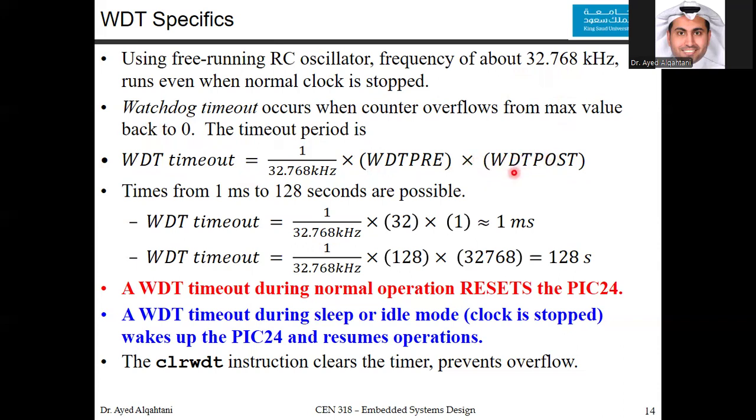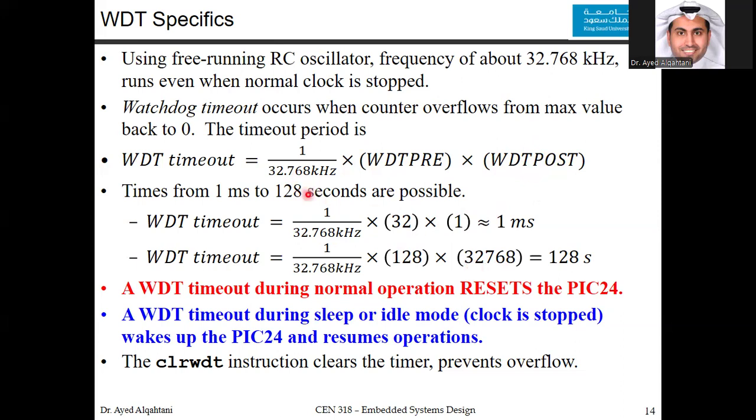Now, if you go and check the configuration bits, you would see that in the watchdog timer pre-scalar, we have only 2 options, either 32 or 128. For the post, we have certain levels. The least amount of the watchdog timer post scalar is 1, and the highest value is 32K.